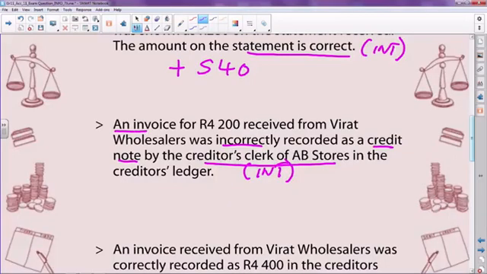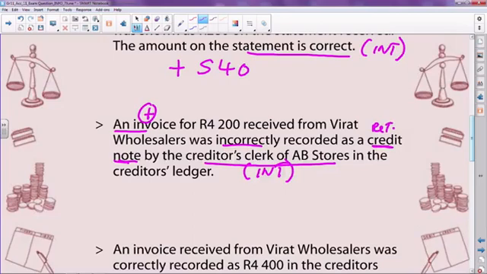Right, invoice means we bought on credit. So immediately invoices are obviously going to increase the amount that you are owing. Now in error, instead of adding 4,200, we've treated this as a credit note. So remember guys, a credit note indicates that you returned goods.